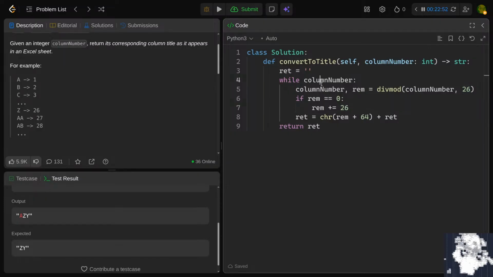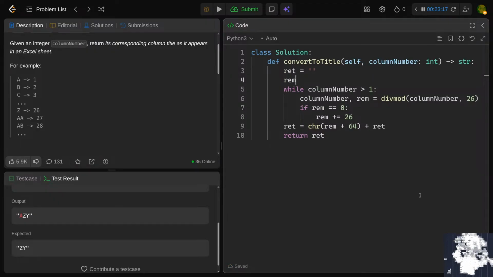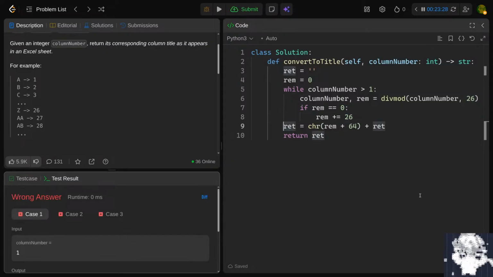But we do have to do this if you started on column number 1. Unless we did this, we moved this out of the loop. We moved rem to be equal to 0. But you can't do it fully out of the loop.